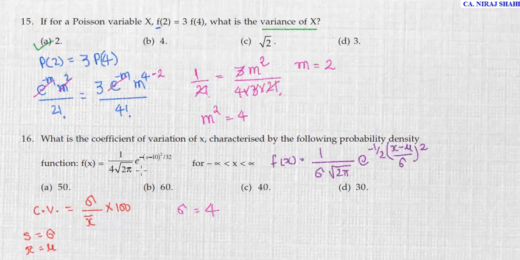Now e raised to minus (x minus 10) raised to square is given, and it has been divided by 32 actually. Okay, so now here in our case, if I convert this (x minus mu) square and if I just take a square of the sigma also, then my sigma square into 2 will become 32.